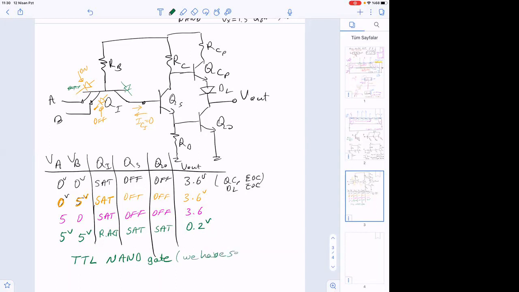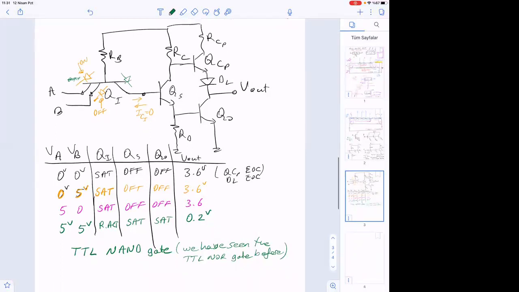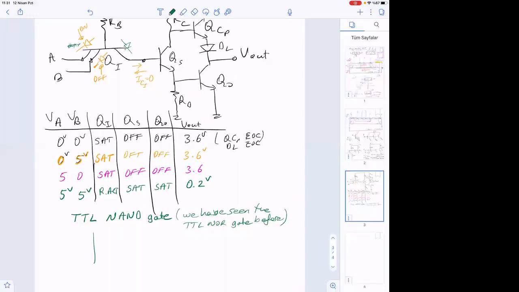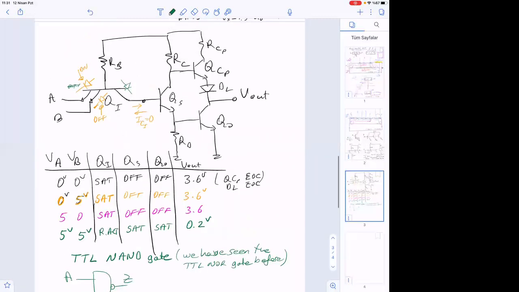We have seen the TTL NOR gate before. But it's very easy to make a TTL NAND gate. Okay. So this is NAND gate A, B, and Z. Okay. Let's give a break.